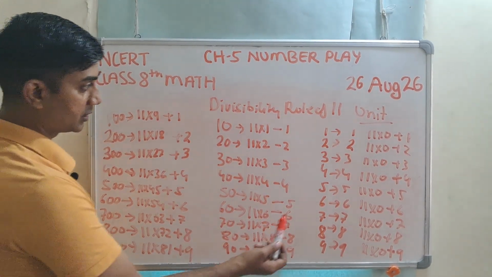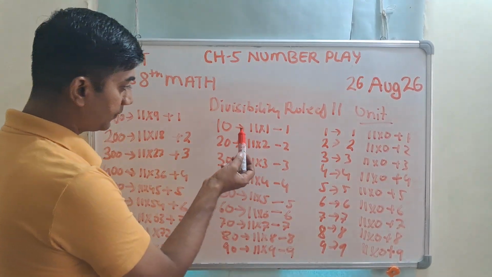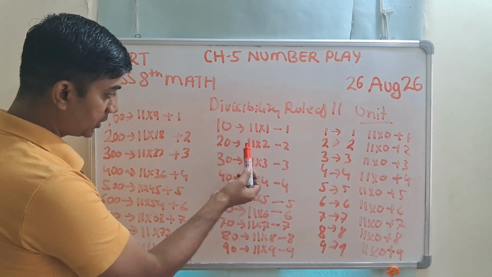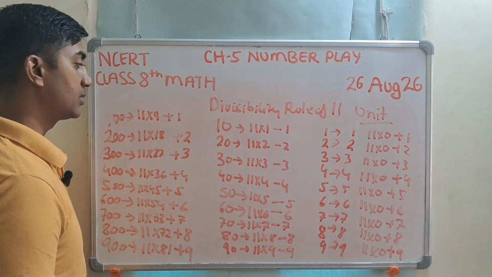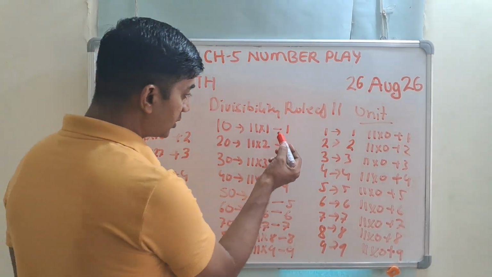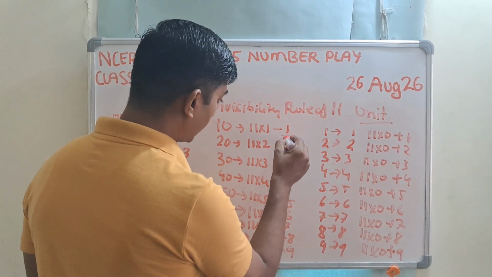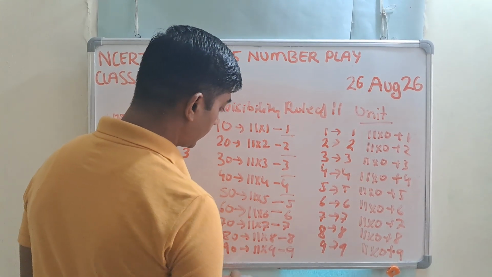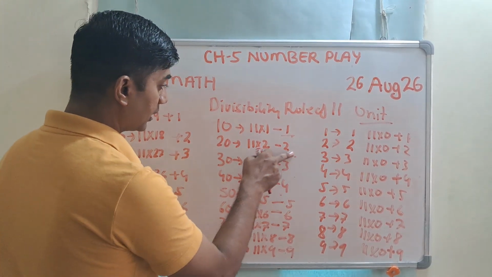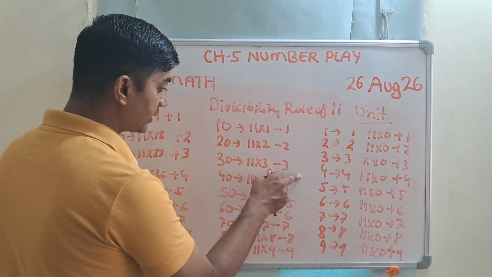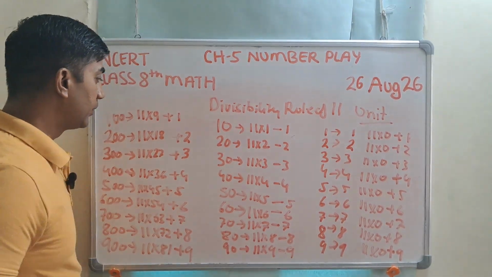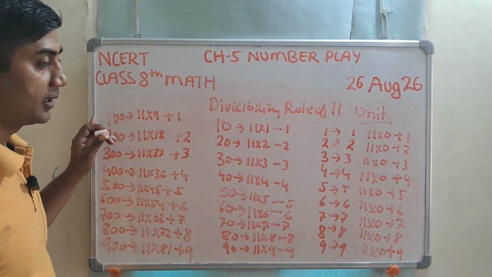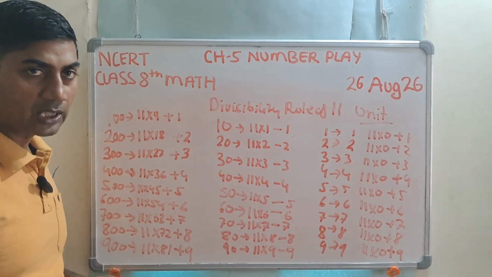And in case of 100 place or tens place, you have to subtract these numbers. Understood? You have to subtract these numbers. Now we will see the case of 100 and 1000 also, then we will draw the pattern.